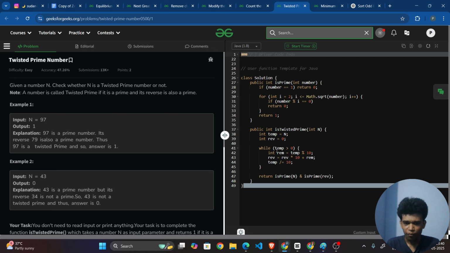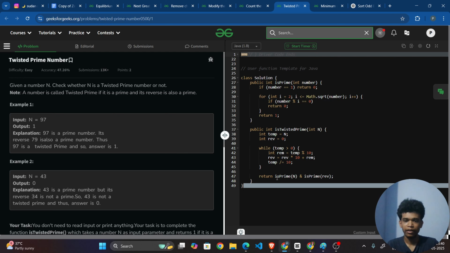When this entire loop completes, this temporary variable will be 0. Now you will understand why I stored n into a temporary variable and used it inside this loop. If I am not using the temporary variable, n will become 0, and we cannot check whether n is prime or not.